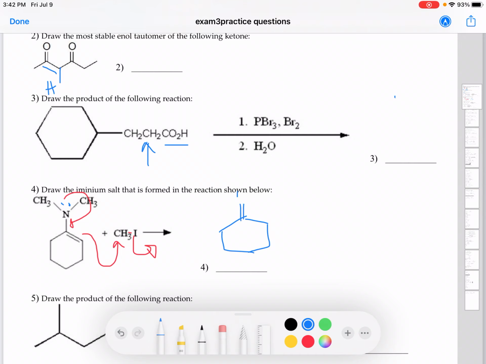You have a double-bonded nitrogen that has two methyl groups. Since nitrogen has 4 bonds, it would be positively charged. And then the carbon where you had the double bond has your methyl group attached to it. And the double bond in the cyclohexene ring is no longer there. Okay, so that is the iminium salt.